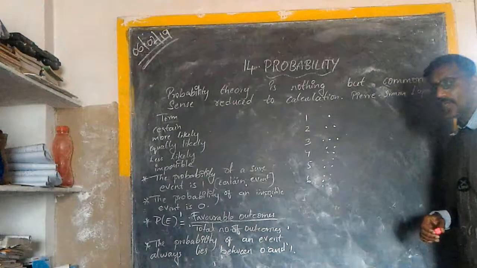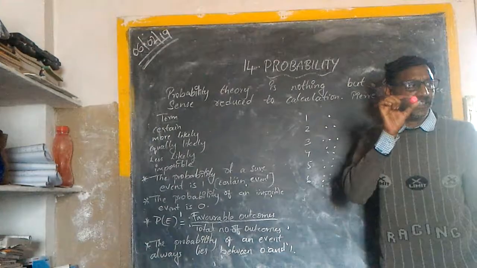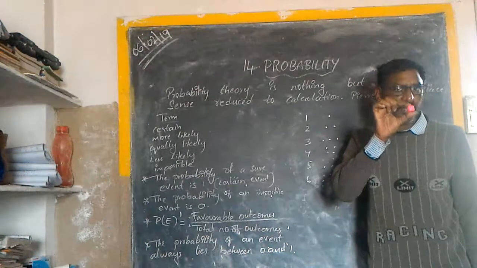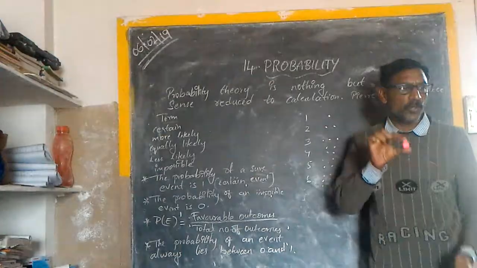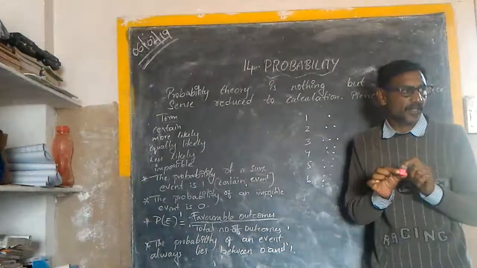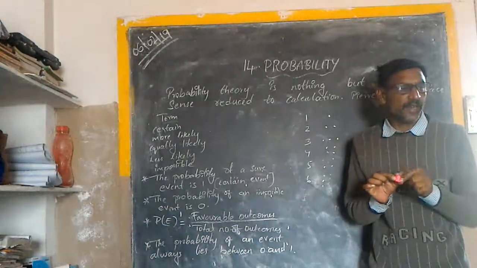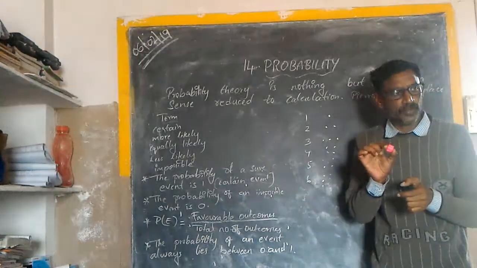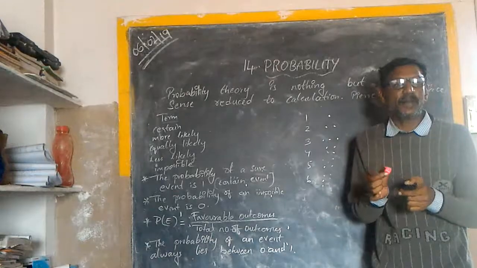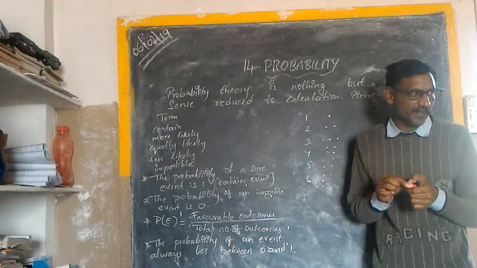Okay? Anyhow, when a die is thrown up and falls down, it shows the upper face. We consider only the upper face. What is the appearance? Maybe 1, maybe 2, maybe 3, depends upon the event.